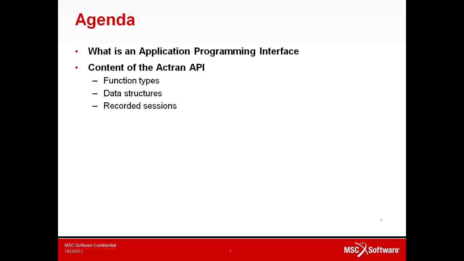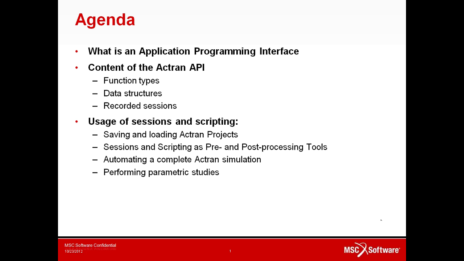So, the points we have on the agenda today are the following. First, I will introduce you to the concept of the Application Programming Interface. Second, we will look at the content of the API within our graphical user interfaces. This includes the type of functions and objects that are accessible, but also how to retrieve session files within the graphical user interface.